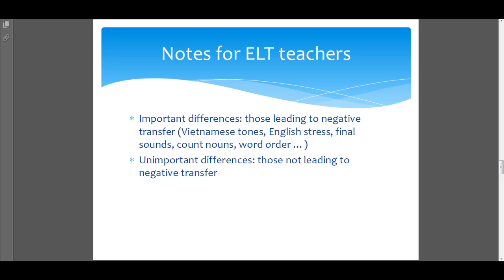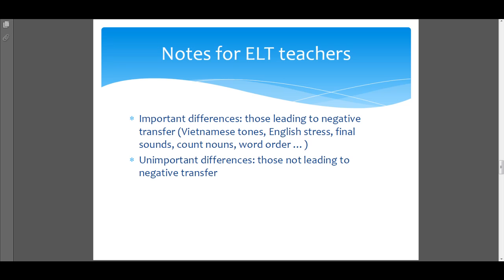For example, the Vietnamese tones and the English stress can be difficult for many Vietnamese language learners. Final sounds, countable and uncountable nouns, for example. Word order is also a problem for language learners at the early stage. For example, when my baby speaks English, she always tends to say, please give me the hand towel yellow, instead of saying give me the yellow hand towel.